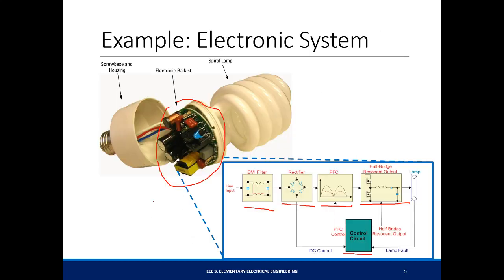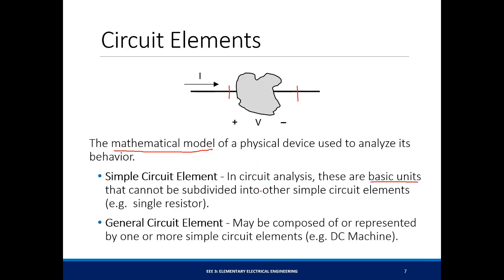So let's go back to the figure right here. Actually, these are already systems, as you can see here, and within them, they can still be broken down into components, and that is your general circuit element.